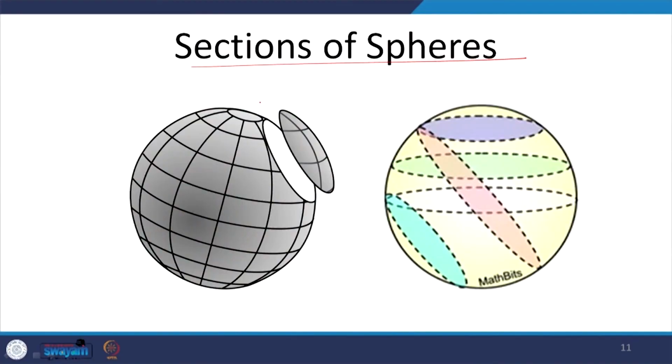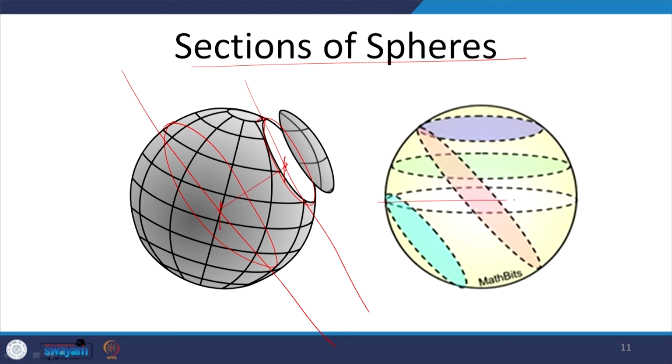Because wherever you cut, for example by a plane passing through this, it is parallel to a plane passing through its center, and at the center it is a perfect circle. So this is also going to be a similar shape, but diminished in size depending upon the distance between these two planes.